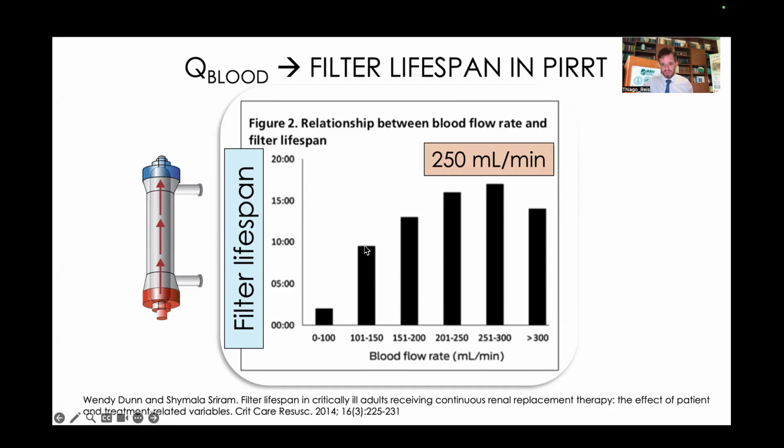So see, if a patient has a blood flow of 100, the filter lifespan is only 10 hours, and the optimal flow would be around 250. These patients were treated with either heparin or no anticoagulation. We are not mentioning at this time citrate, not yet.